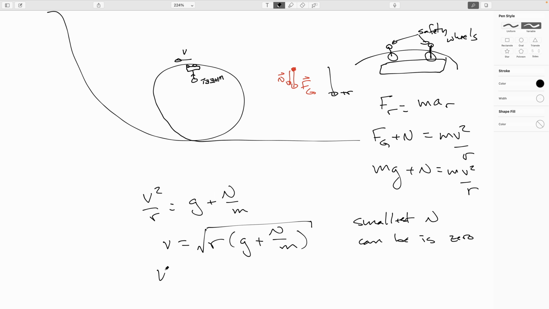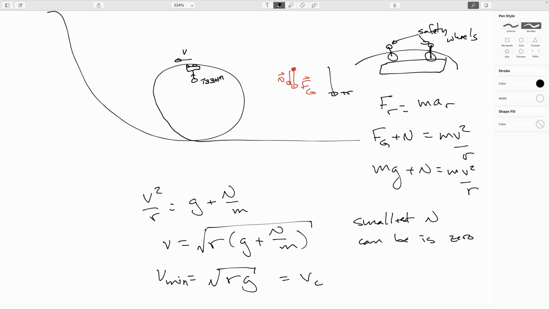So our minimum speed will be when the normal force is 0, but that will just be root rg, which is our friend the critical speed that we saw from before. So in order for a roller coaster to maintain contact on a loop-de-loop, at the top, it has to be going at least as fast as our critical speed, root rg.